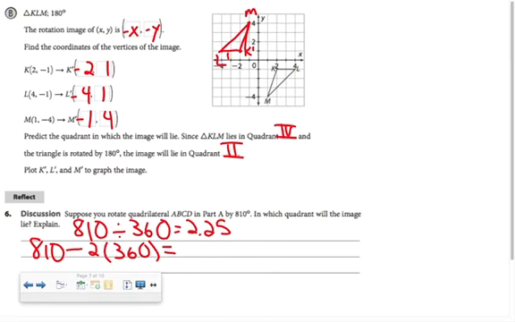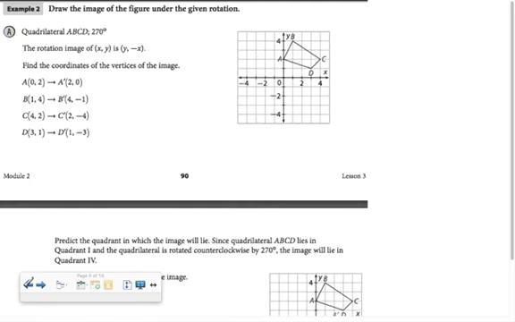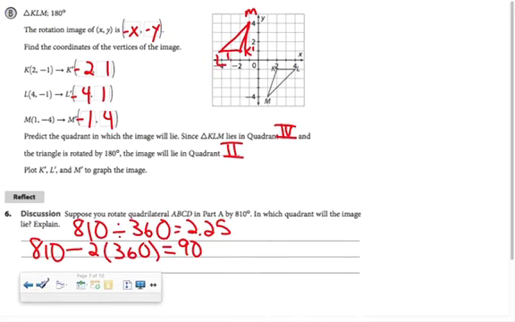So 810 minus 720 is 90. That's a 90-degree rotation. So in part A, that quadrilateral was in quadrant 1. So if I do a 90-degree rotation of something that's in quadrant 1, it's going to land in quadrant 2.